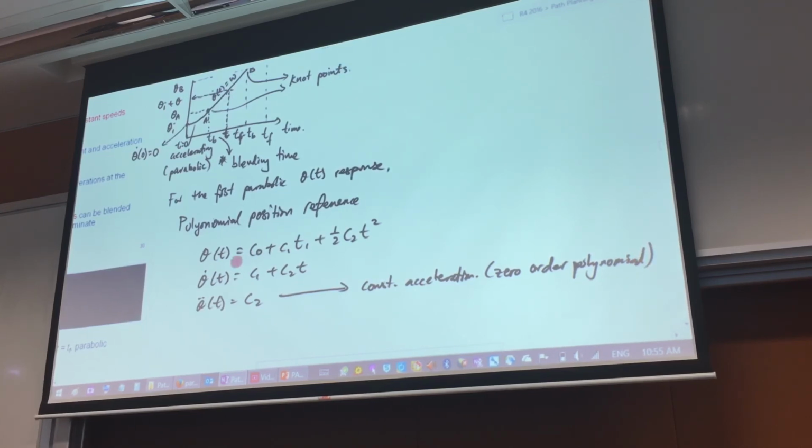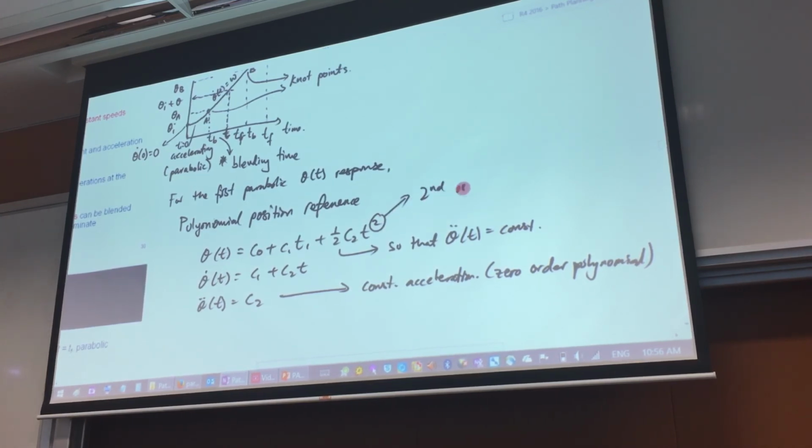And that's why my polynomial position reference has a half before the C2. If I differentiate, I'll end up with a constant acceleration, which is what I wanted. So this half is so that theta dot dot t can become a constant after I differentiate it. And we stop at the second order polynomial because we also want our acceleration to become a constant.